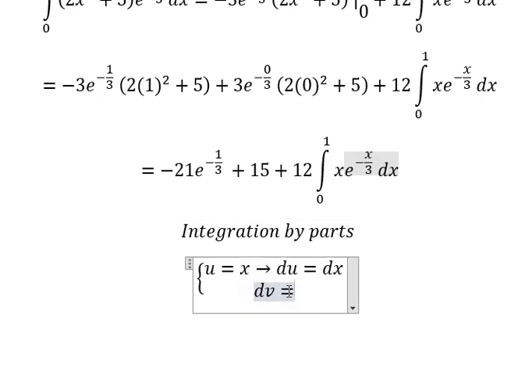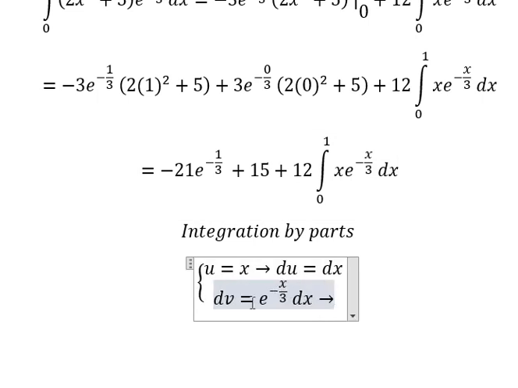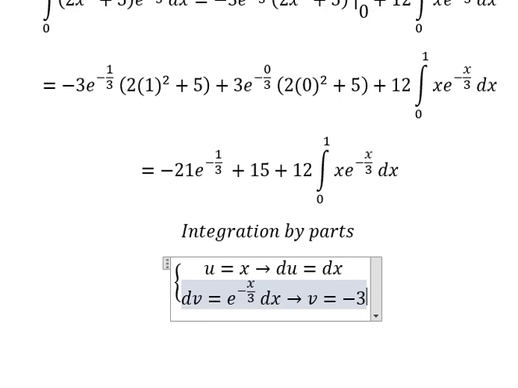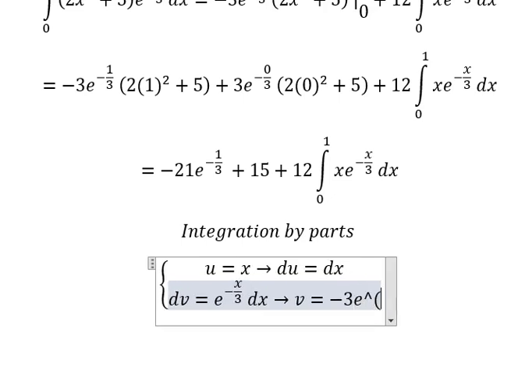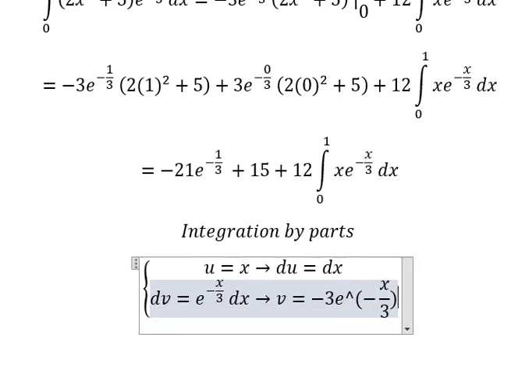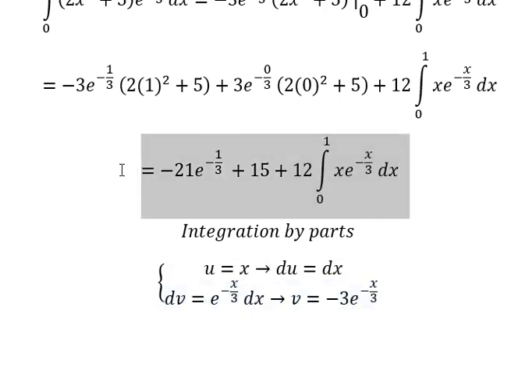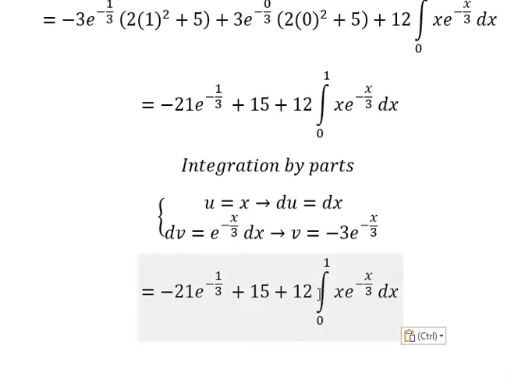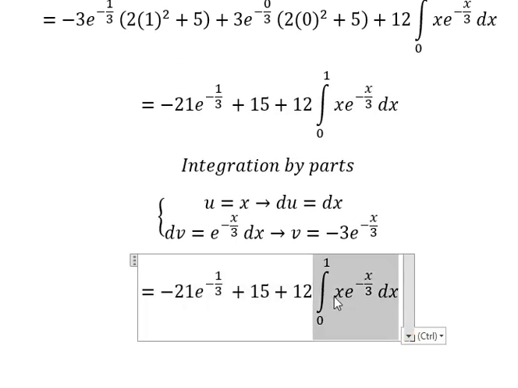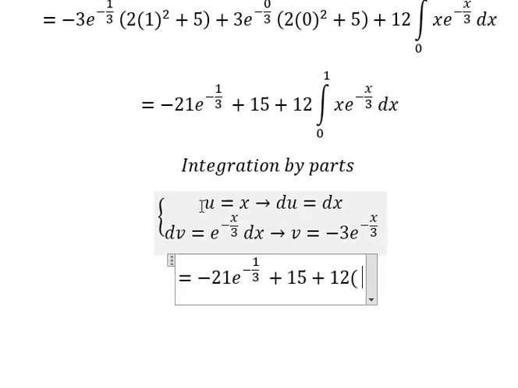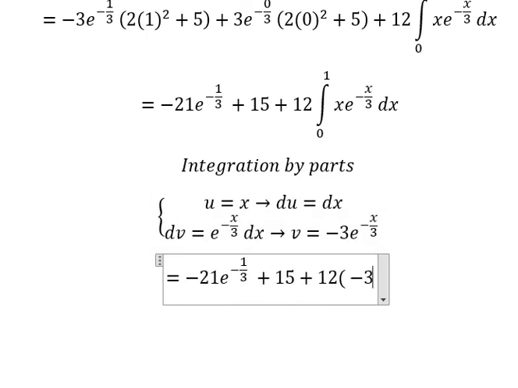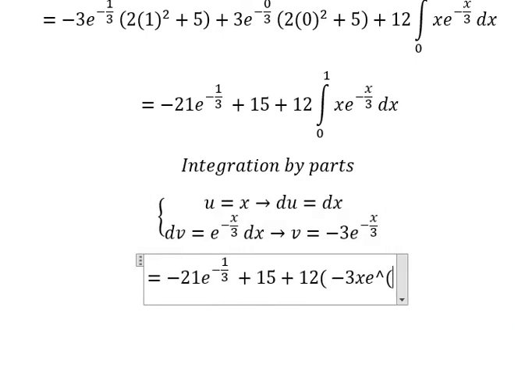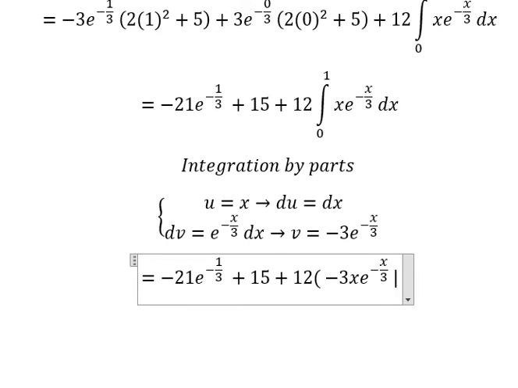So the integration of this one, we have v equals negative 3 e to the power of negative s over 3. So we have u multiplied by v, and we put the bounds from 0 to 1.